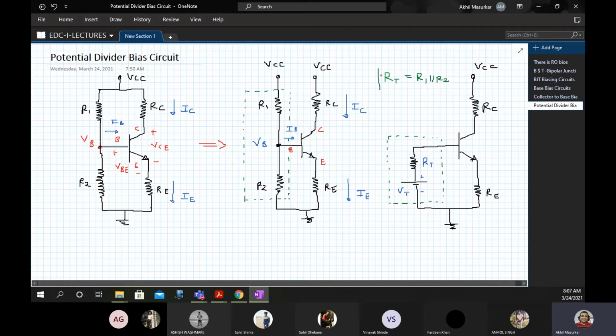This is my first formula. And VT is simply the voltage at this point, which is R2 upon R1 plus R2 into VCC, by using simple voltage divider.